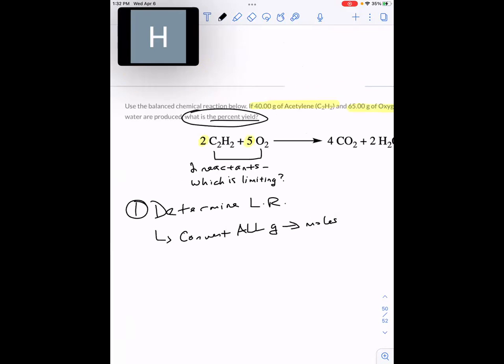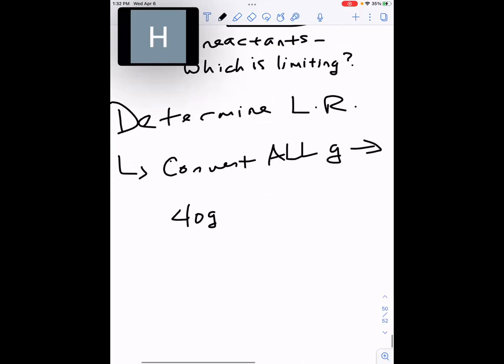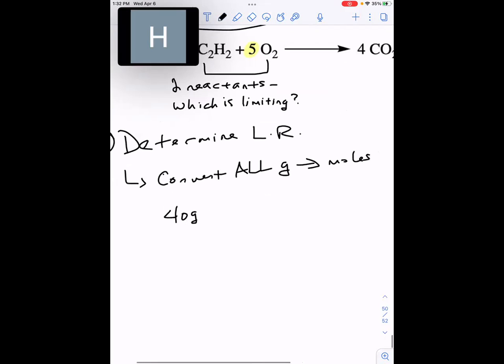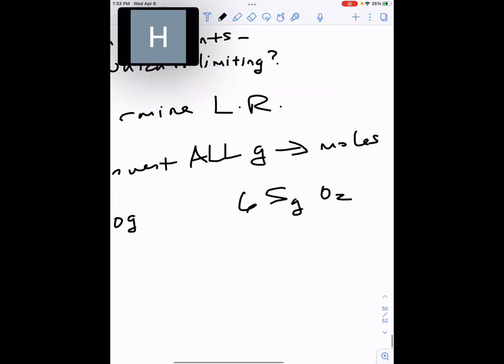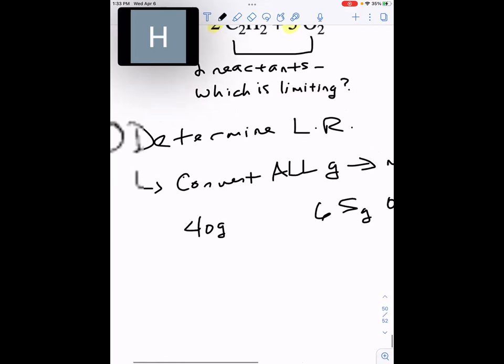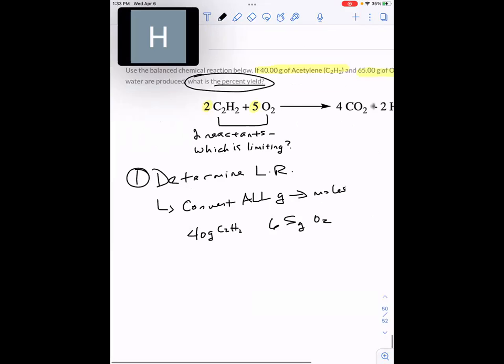So it gave us 40 grams of acetylene, and it also gave us 65 grams of oxygen. All right, and we need to figure out the number of moles for each one.